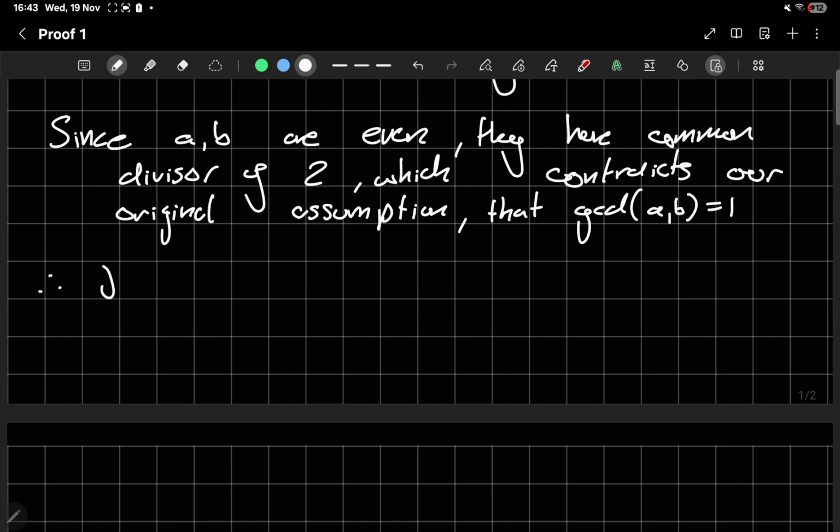Therefore, root 2 is indeed, by contradiction, irrational.